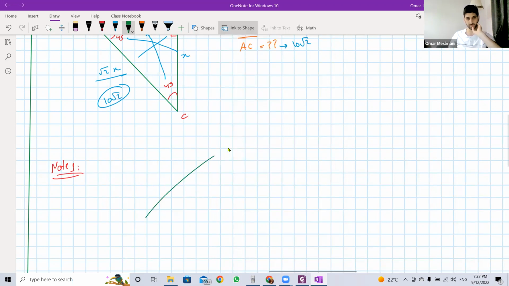If I have a right angle triangle, stay with me for this, this is so important. This is the height.